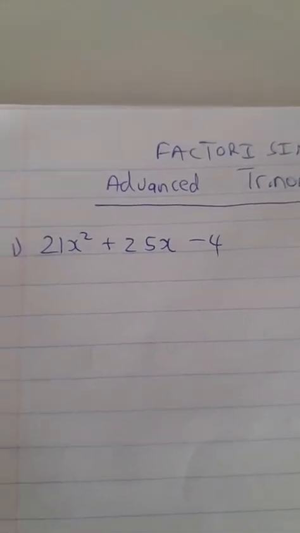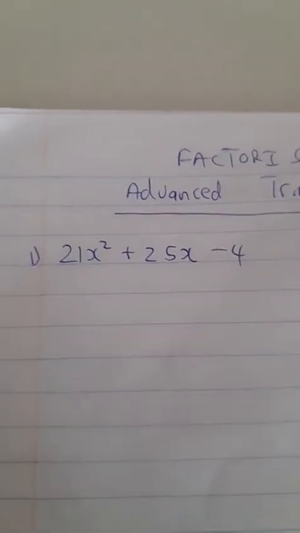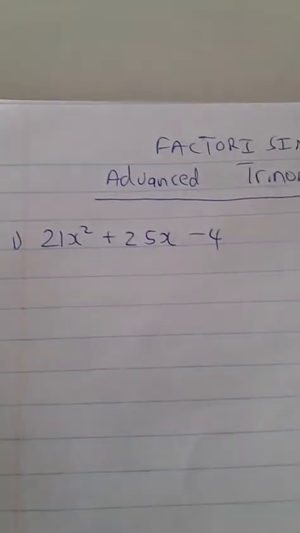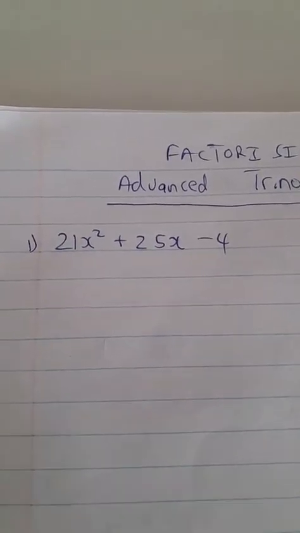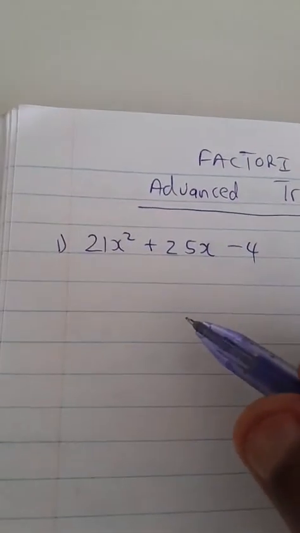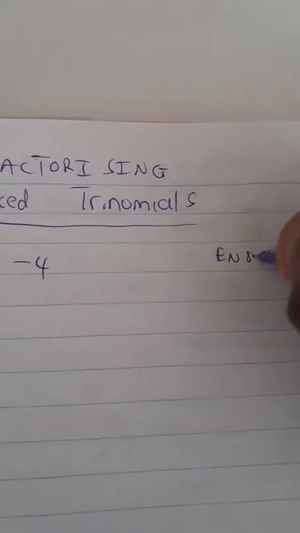People who have it, they use it and it works for them, and I guess it helps them to avoid all of these complications when it comes to the advanced trinomial. That's why it's so expensive, it's got all these functions in it.